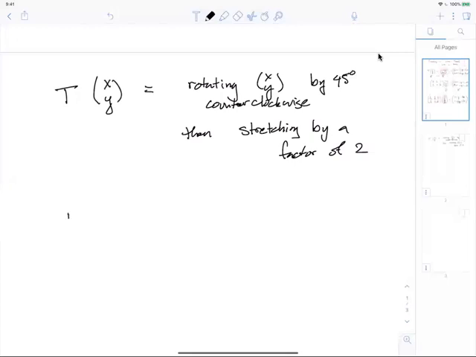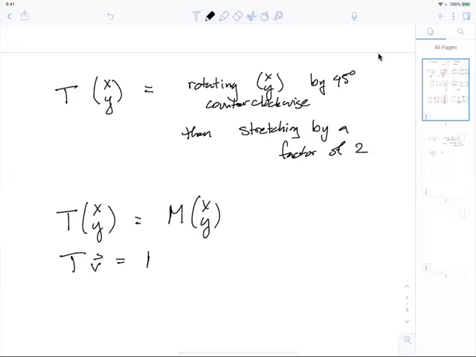One thing to keep in mind is that if we're going to encode a transformation as a matrix times a vector, we can write it like this. The first column of this matrix M is just what happens to the first standard vector, the 1, 0 vector. The second column is what happens to the second standard vector.